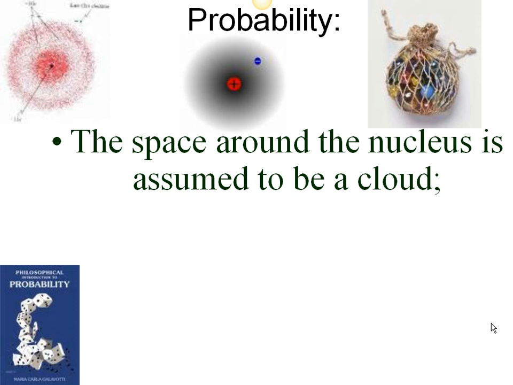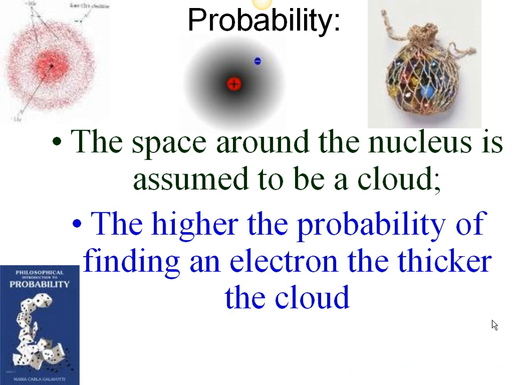The space around the nucleus is assumed to be a cloud. The probability of finding an electron will be greater in the thicker parts of the cloud as opposed to the lighter parts of the cloud. So here is the dark part of the cloud, a high probability of finding an electron.